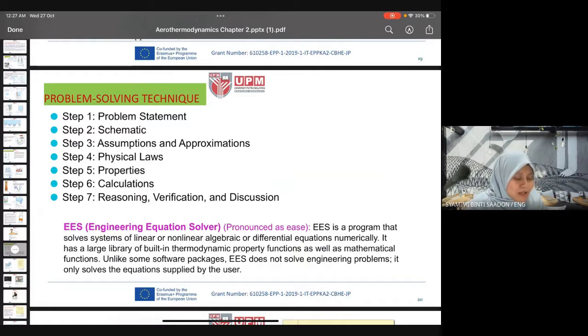And then we have to make assumptions and approximations. Like I mentioned in the first chapter, sometimes we have to consider that the flow is in equilibrium, even though in a real situation it is not in equilibrium or quasi-equilibrium. But we have to make assumptions, make a hypothesis.